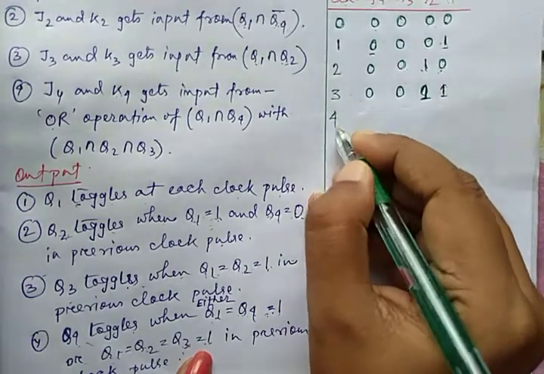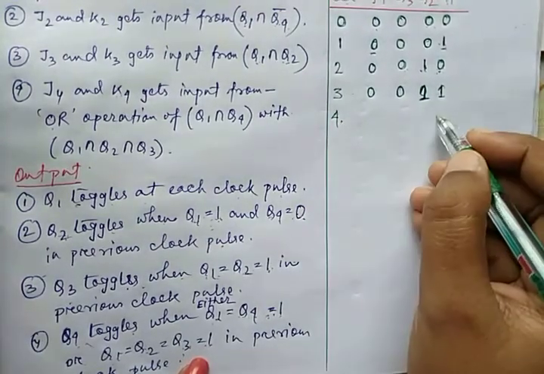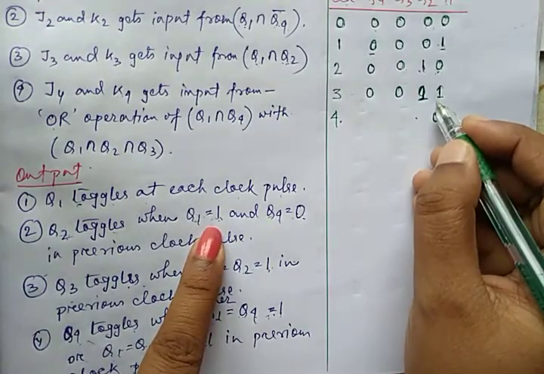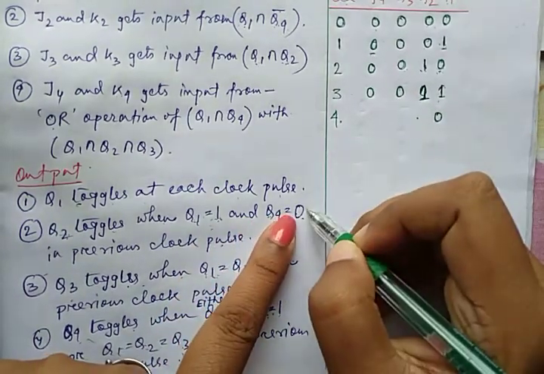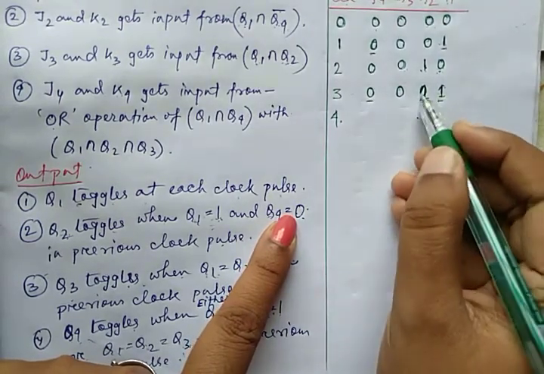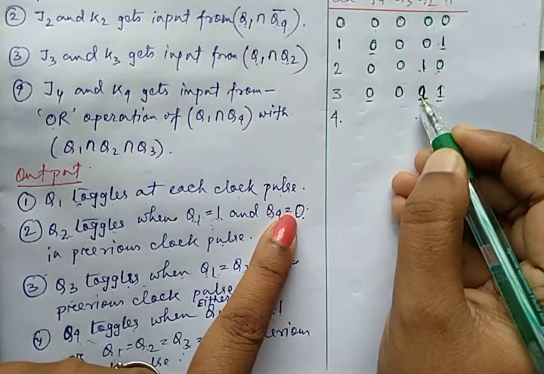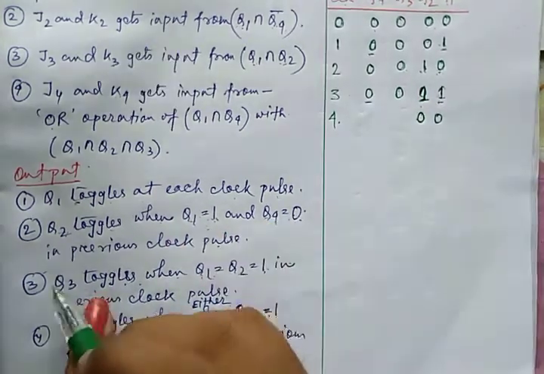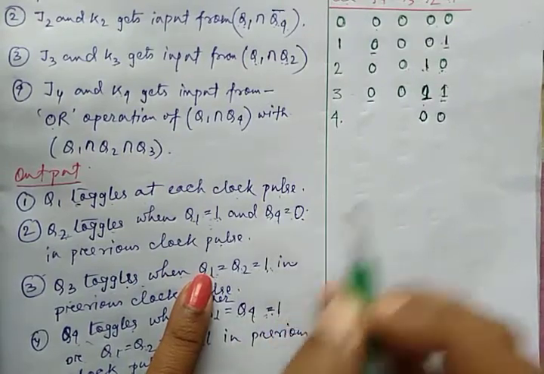In the fourth clock pulse, Q1 changes. Q2 changes when Q1 is 1 and Q4 is 0. You can see Q1 is 1 and Q4 is 0, so Q2 changes. Q2 changes means in the previous clock pulse it was 1, now it will be 0. Q3 toggles when Q1 and Q2 are 1.